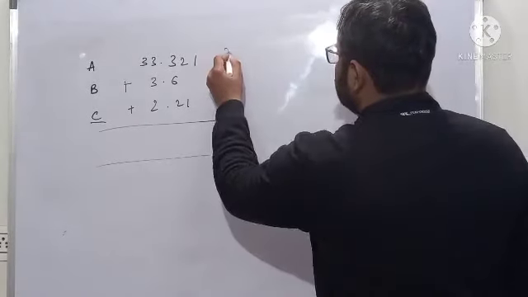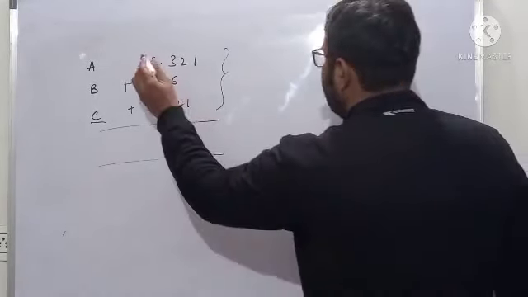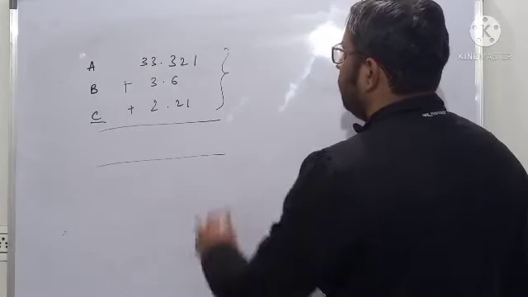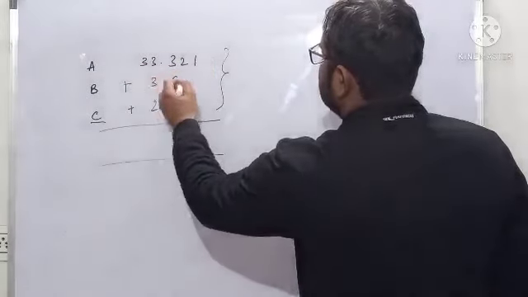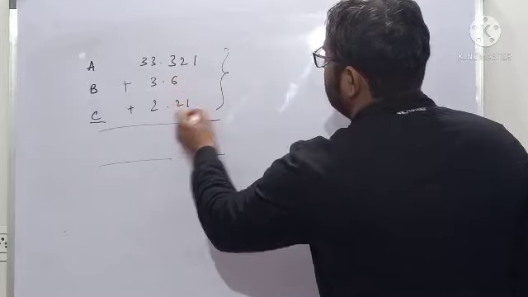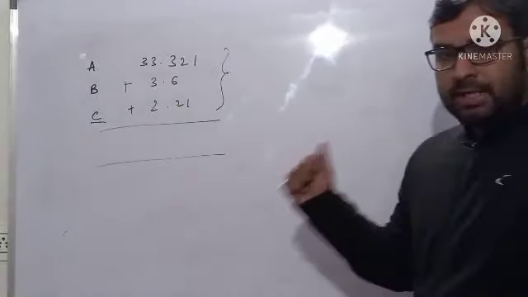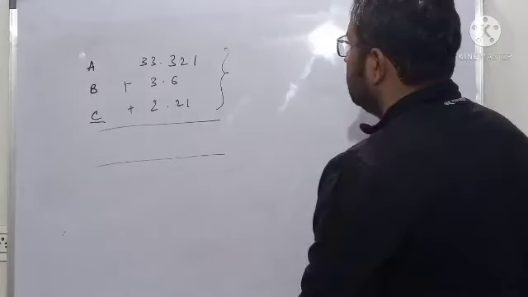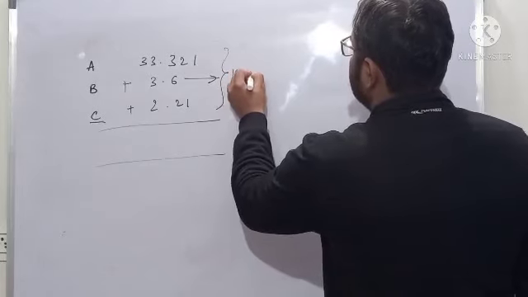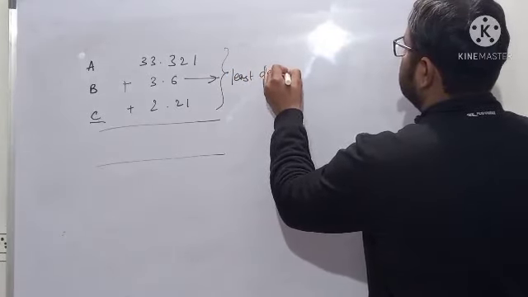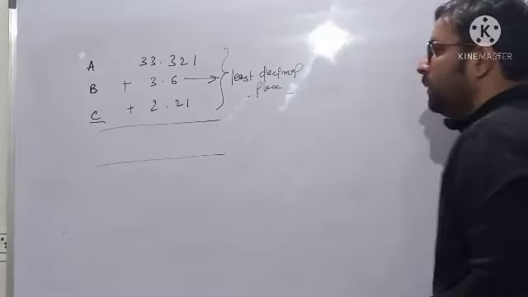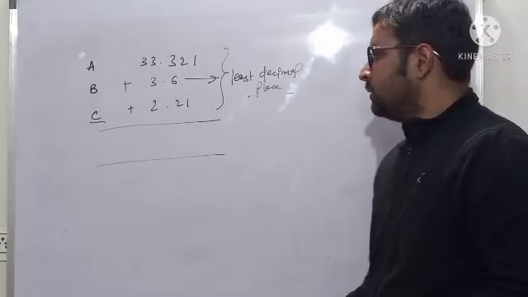So what we have to check here is that when we are adding three different physical quantities with different significant numbers, measured up to different decimal places, in the case of addition and subtraction, we have to check the number with the least decimal places. Here 3.6 has one decimal place.